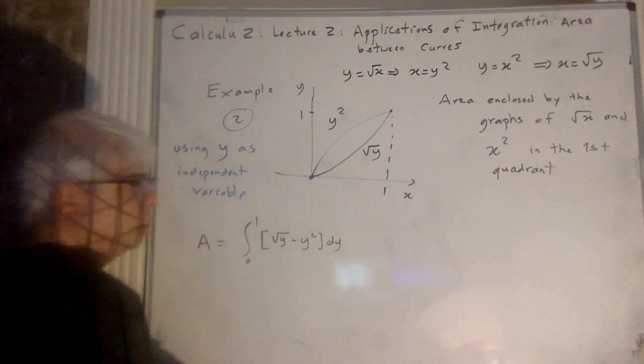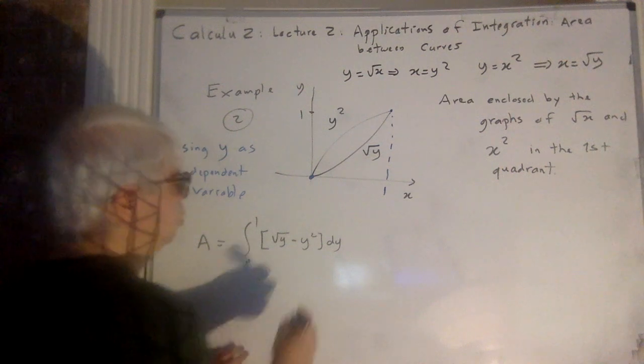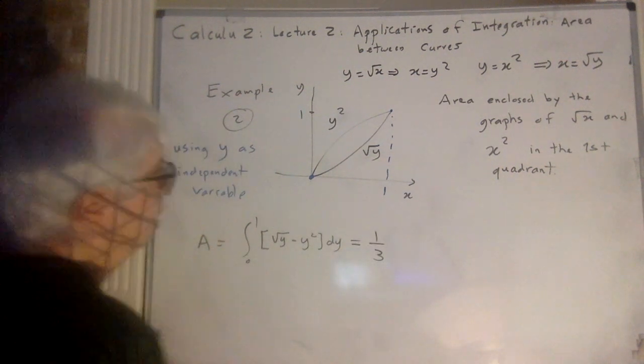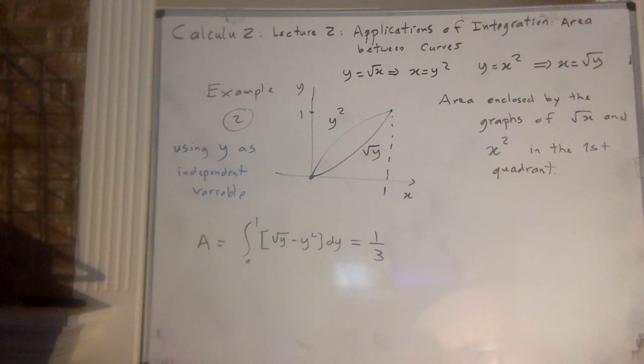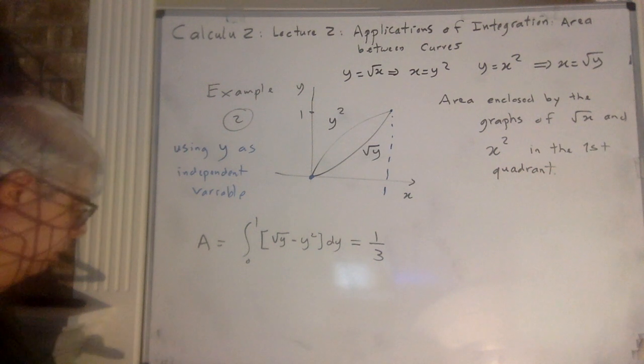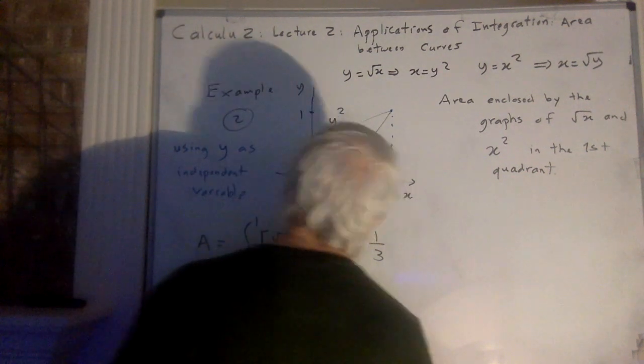But this integral is the same as the other one, except the variable is y, so I will get 1/3 again. So that was an example that you can do both ways. There is another example, a very nice and standard one, where one of them works very well, but the other one doesn't really work well.